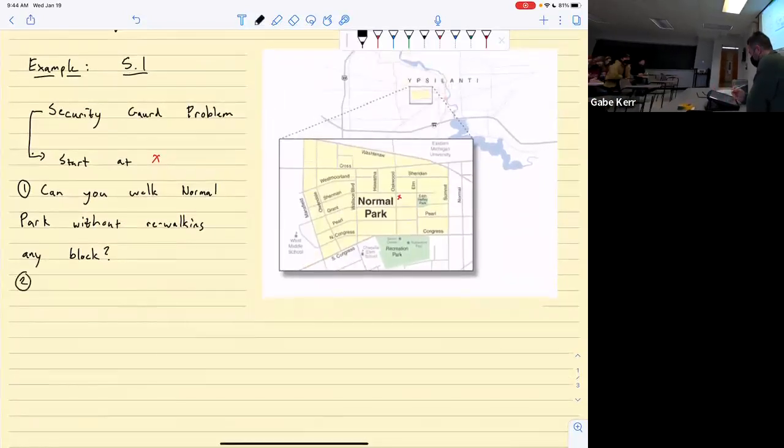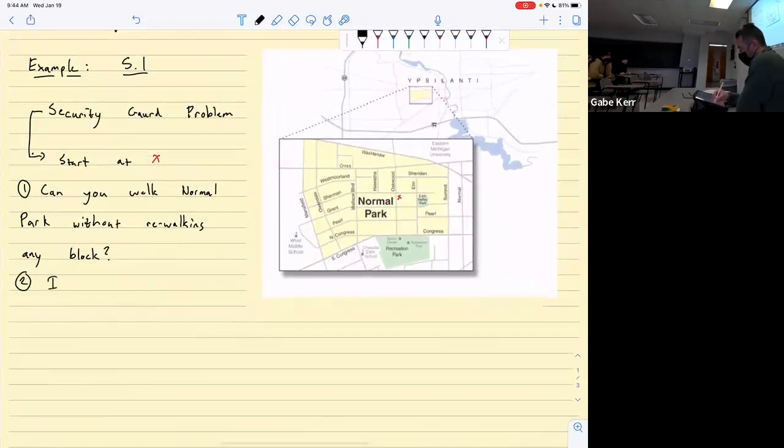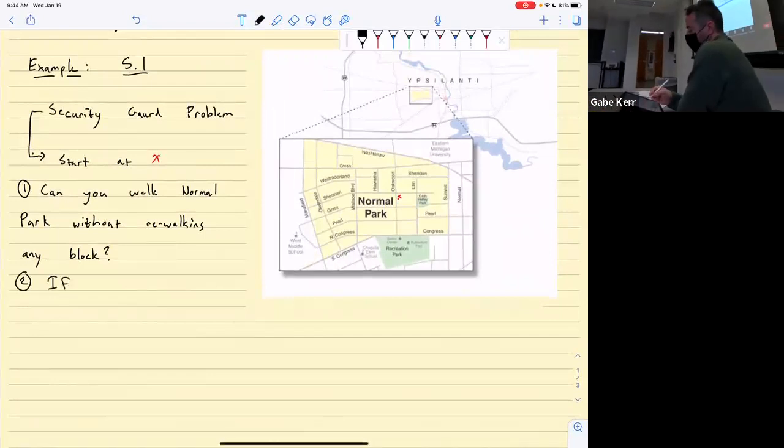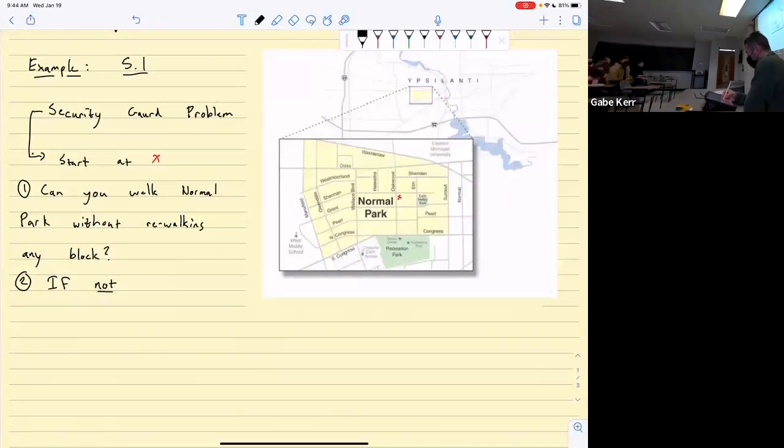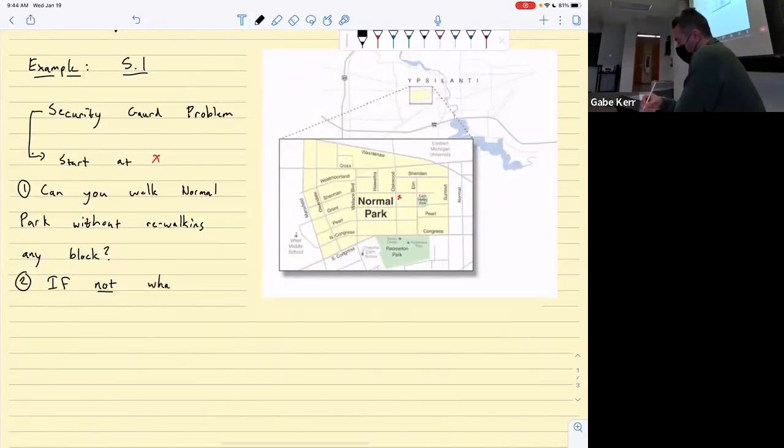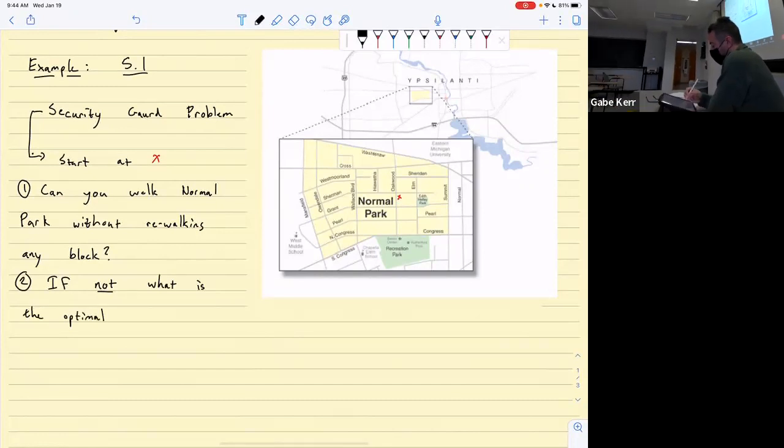Another question we can ask is, if the answer is no, we'll find a way of telling right away. If not, what is the optimal route that covers the neighborhood? Maybe there is more than one.